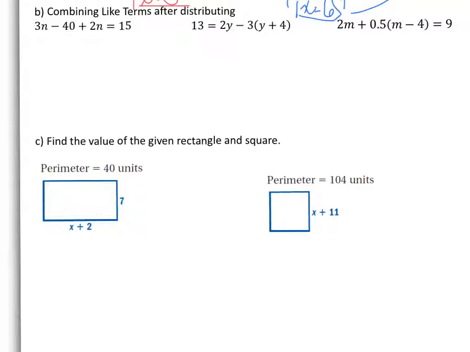Now part B, we're going to combine like terms after distributing. You have 3n, you have positive 2n. We could use the commutative property and switch these around. 3n plus 2n gives you 5n.